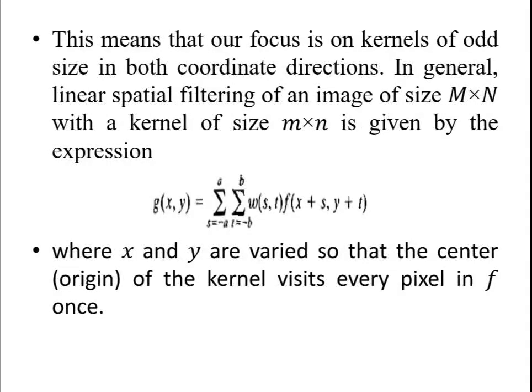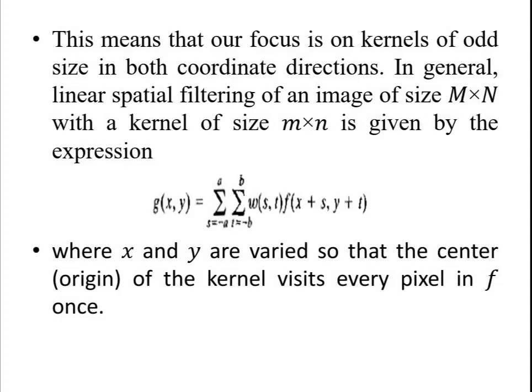In general, the spatial filtering of an image of size M by N with a filter of size m by n is given by the following expression: g(x, y) is equal to the summation of s equals minus a to a, times the summation of t equals minus b to b, of w(s, t) f(x plus s, y plus t).